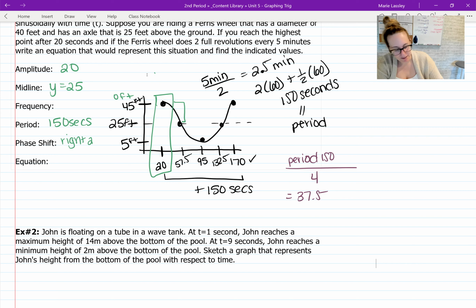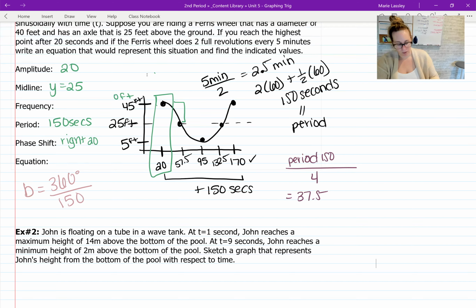Now I need that frequency piece. Just like we did in our last video, to find our frequency, which is our B value, we take 2 pi or 360. This is a word problem, so it doesn't matter if you do degrees or radians, you get to pick. I'm going to do degrees, why not? So 360 divided by my period of 150. 360 divided by 150 is 2.4.